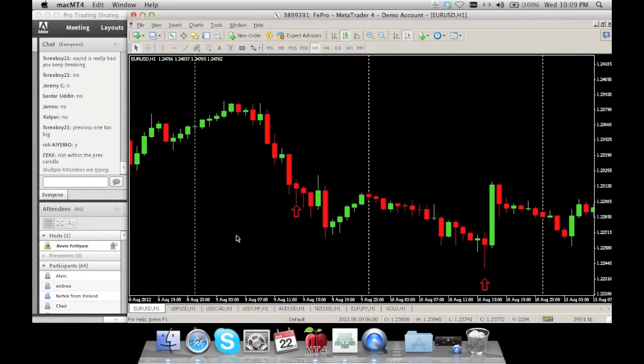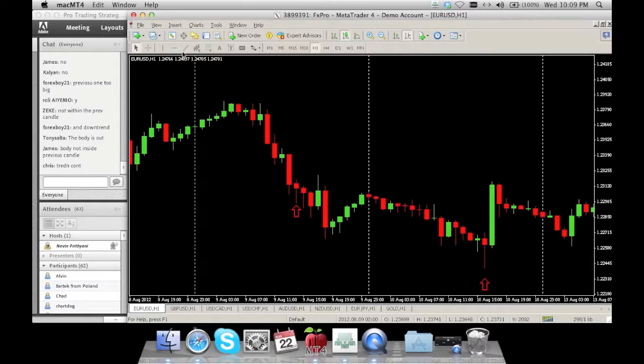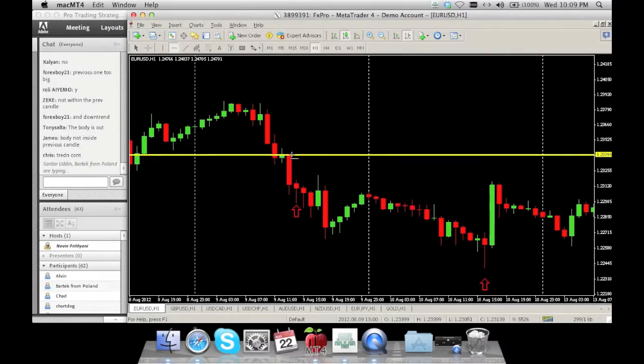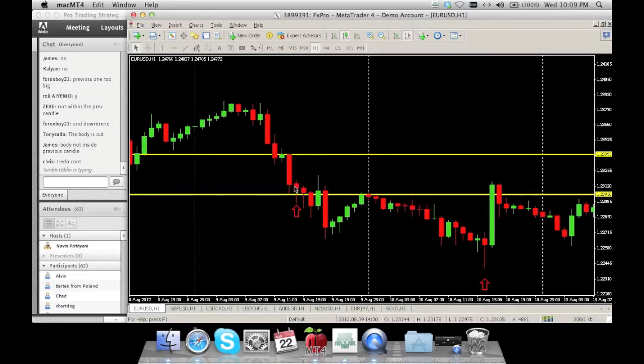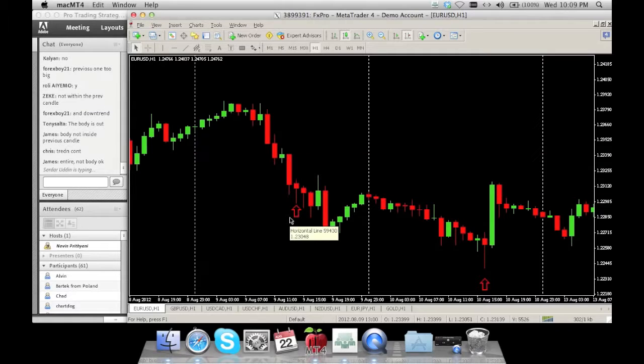Previous candle too big. Okay, Zeke, it is actually within the previous candle. You can see the open and the close. It should be within the entire previous candle. See, it is inside there. Yeah, entire, not body.